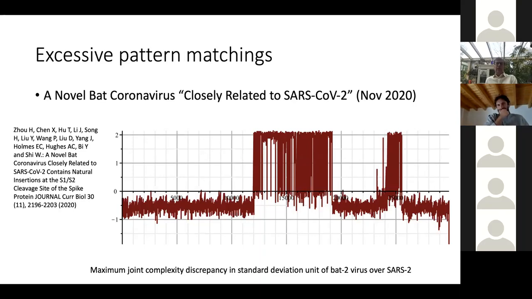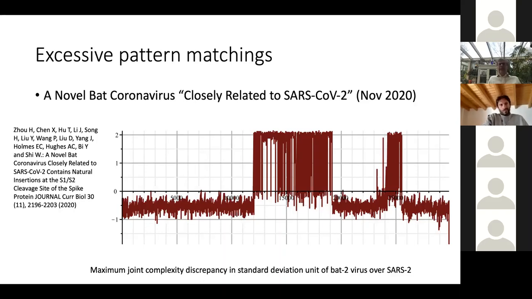One article was describing a novel bat coronavirus discovered in Yunnan, which was closely related to SARS-CoV-2. I don't know if you remember, the big issue was to prove that COVID is coming from a bat coronavirus, and it was a very important statement that has not been created.